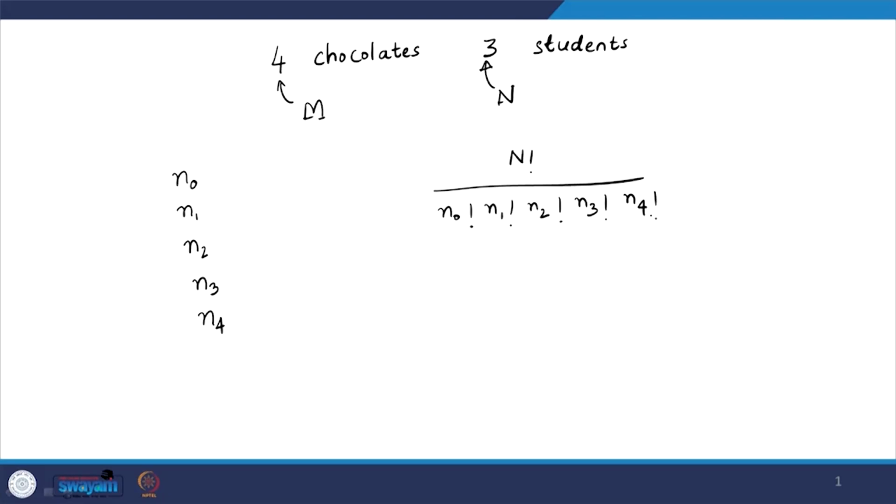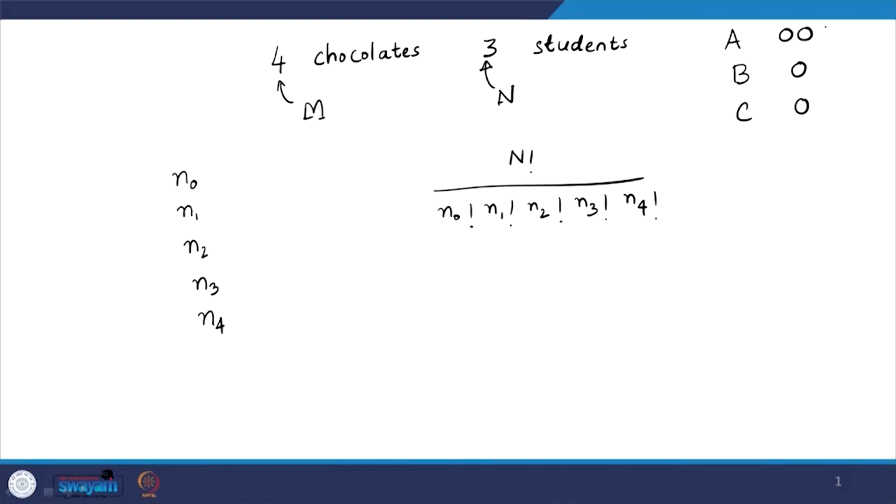So, let us say for example, if I look at one particular distribution where let us say there are 3 students A, B and C, then one of them gets 2, the other one gets 1, and the last one also gets 1, right. So, in this case I have labeled the students as A, B and C, that means that the students are different.